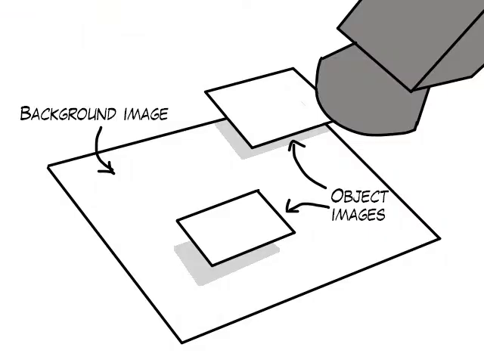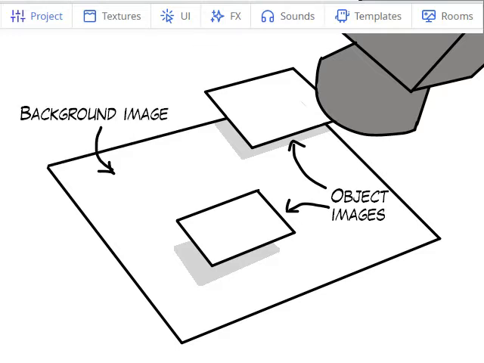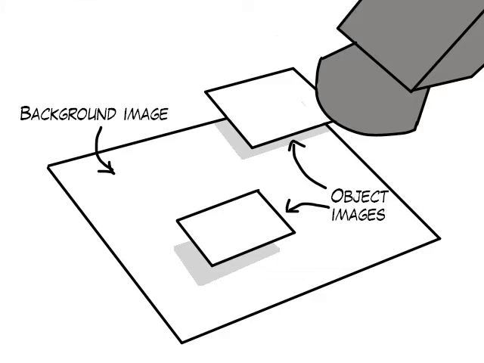Images can either be used as background images, in which case we need to check the background image box, and then the image can be added to the room under the tab at the far right. Or an image can be used for an object in the game.